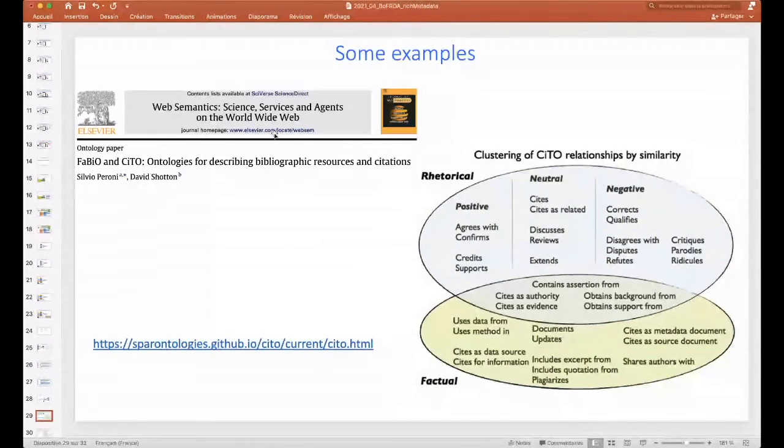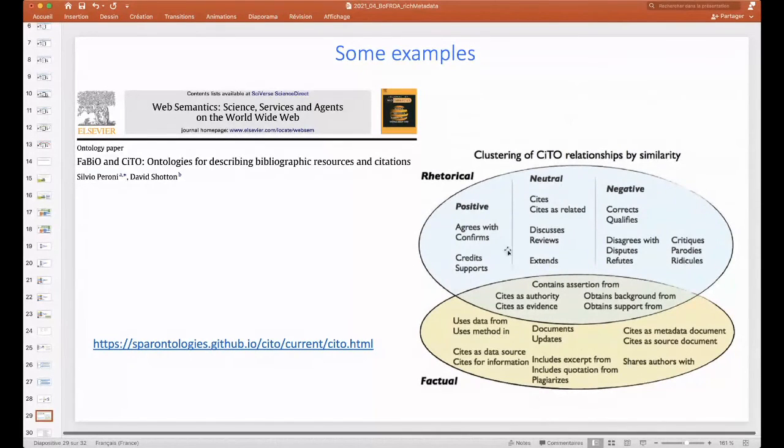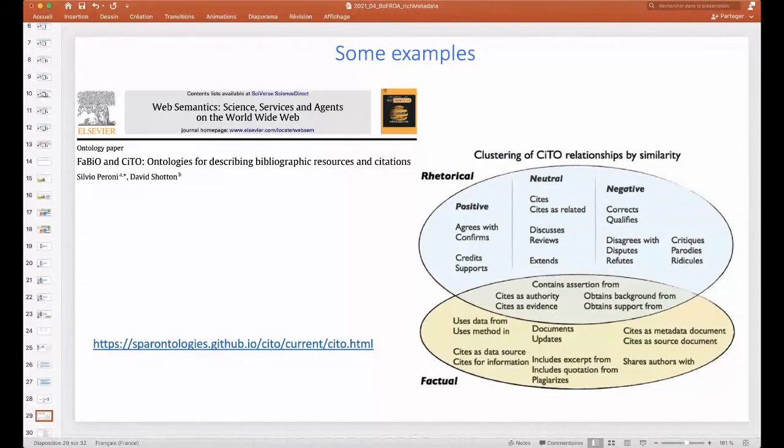I cite here the example of this paper, Web Semantic Service and Agent on the World Wide Web. There is this ontology, CiTO, which introduces several categories, rhetorical and factual. So we see cites as related, credits, supports, and something which is cites as authority, uses data from, uses method in. This kind of ontology may be useful. I see a question: if we cite data and papers, we have two citations for the same object.